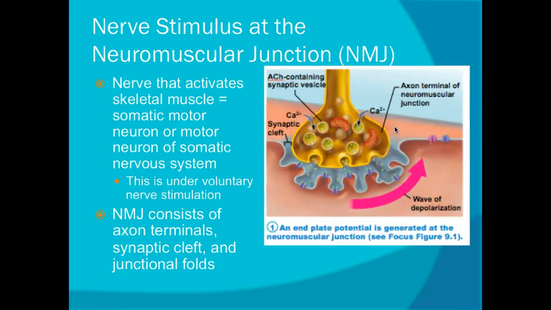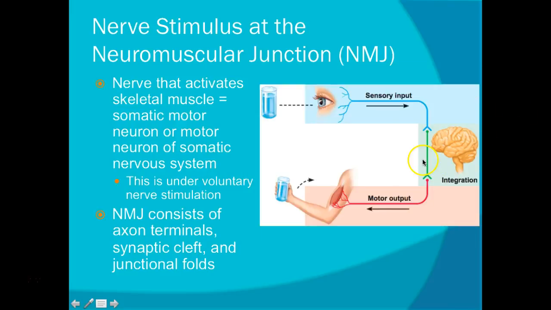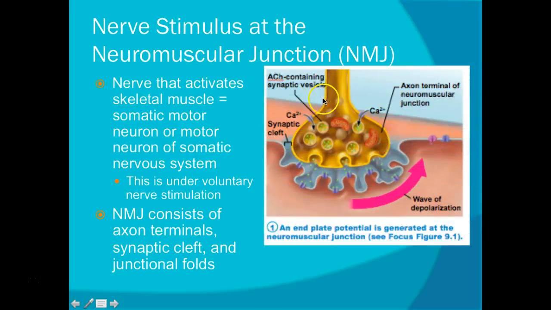So what our neuromuscular junction consists of, and I'm just going to go back to this image here. At the very end of our neuron, you see this is our axon. At the very end, we have these terminals, and the terminals are almost like swelling. So that's what we're seeing in this image here.